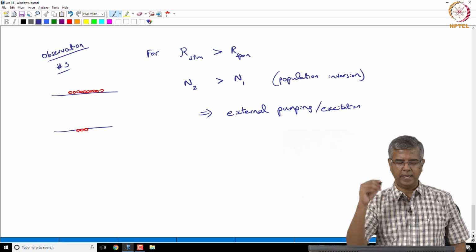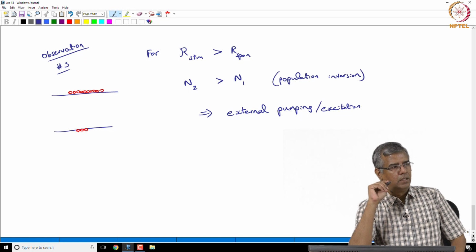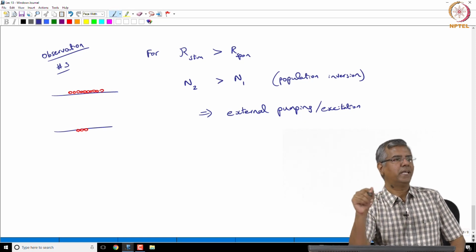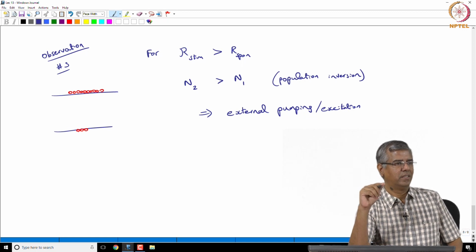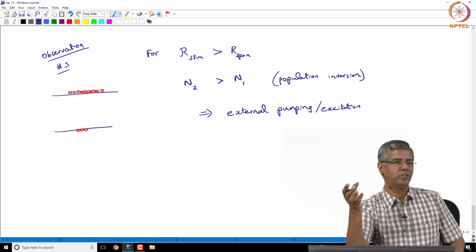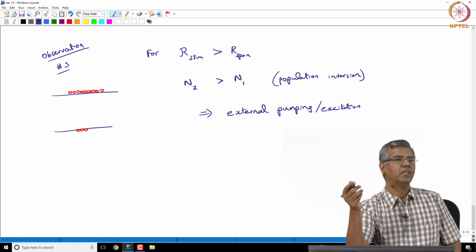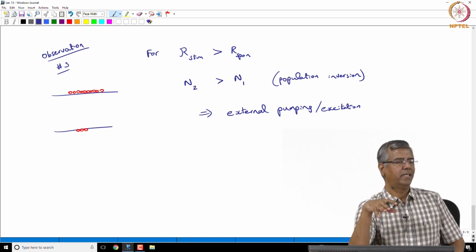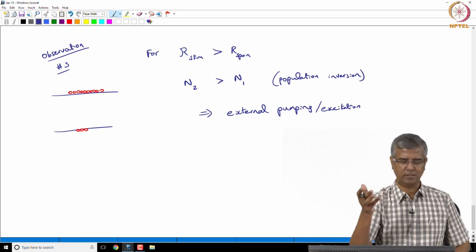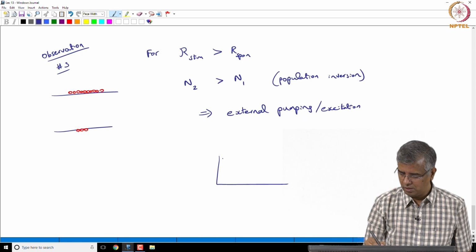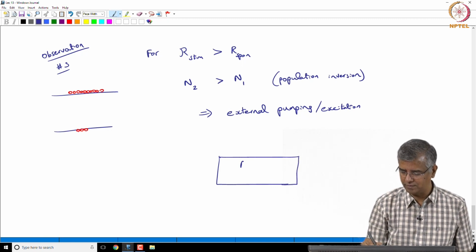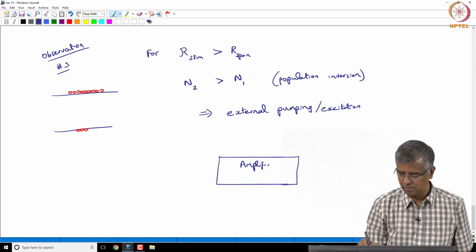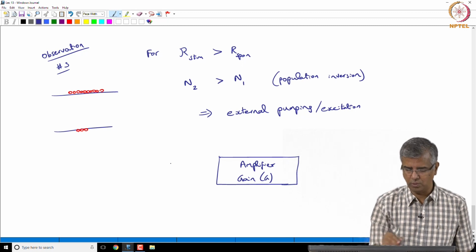So, what are we saying? We are saying that to get optical gain, or in other words multiplication of photons in a medium, you need stimulated emission, and to get stimulated emission you need external excitation. So, if I am building an amplifier with some gain G, what does that mean?